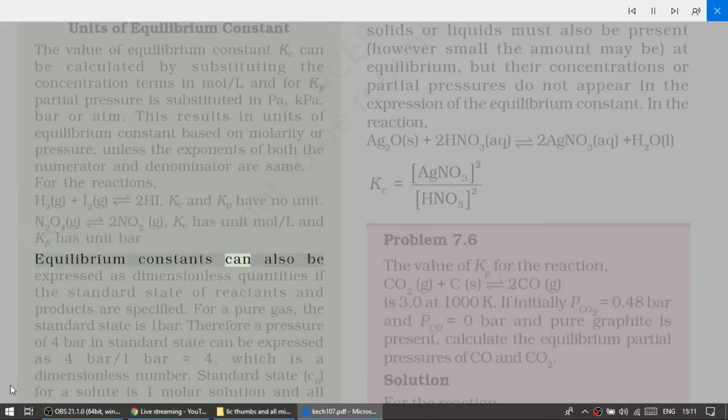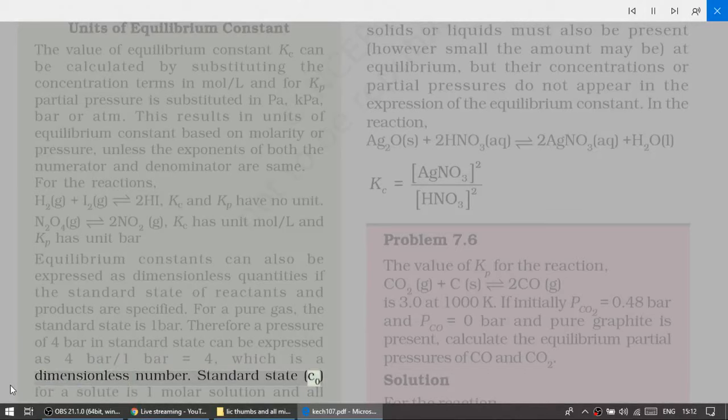Equilibrium constants can also be expressed as dimensionless quantities if the standard states of reactants and products are specified. For a pure gas, the standard state is 1 bar. Therefore, a pressure of 4 bar in standard state can be expressed as 4 bar/1 bar = 4, which is a dimensionless number.